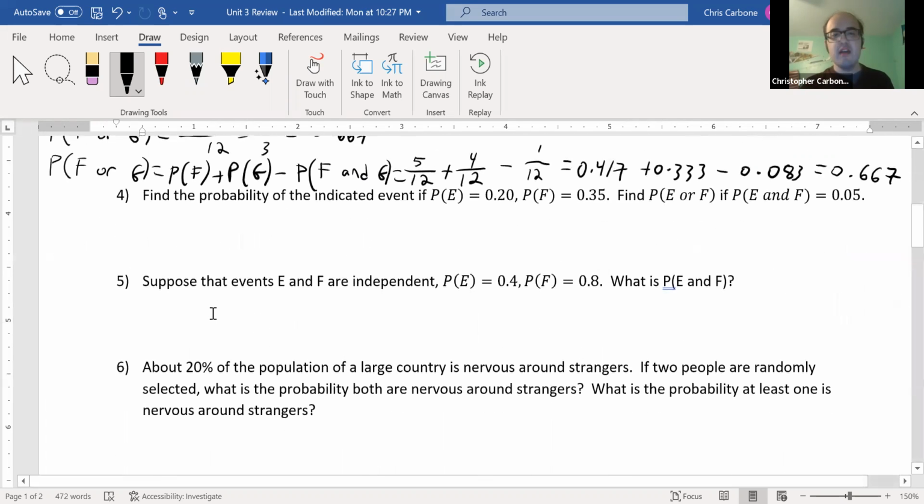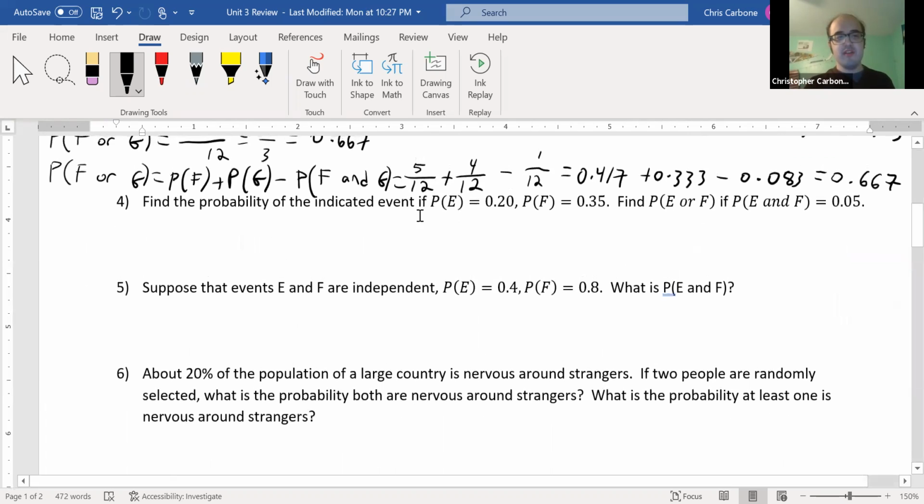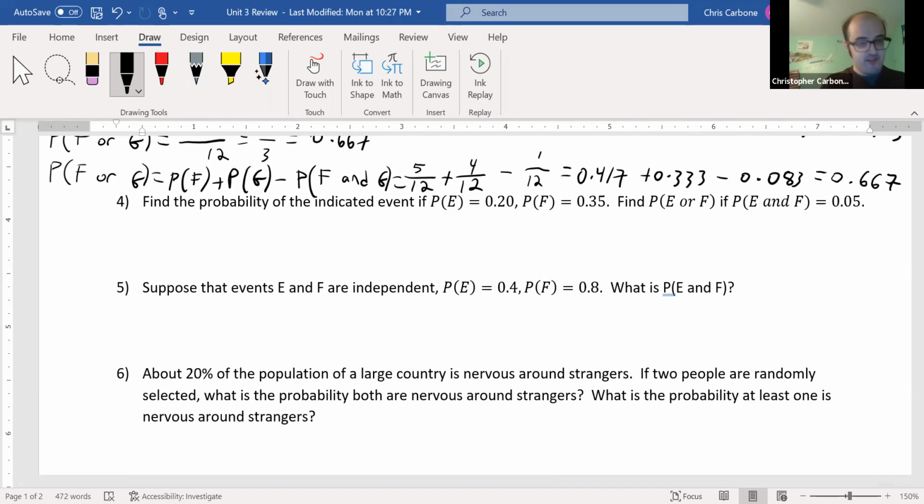Question number 4. We're going to find the probability of the indicated event. If the probability of E is 0.20 and the probability of F is 0.35, we want the probability of E or F if the probability of E and F is 0.05.